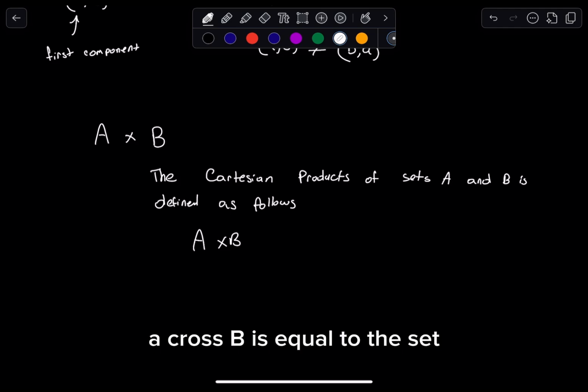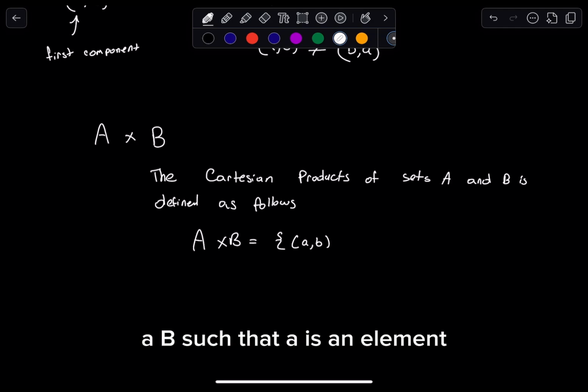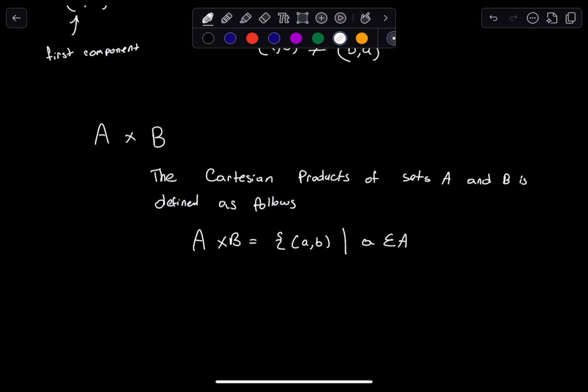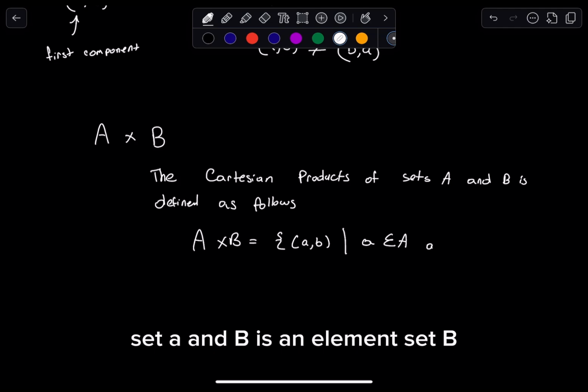A cross B is equal to the set of (a, b) such that a is an element of set A and b is an element of set B.